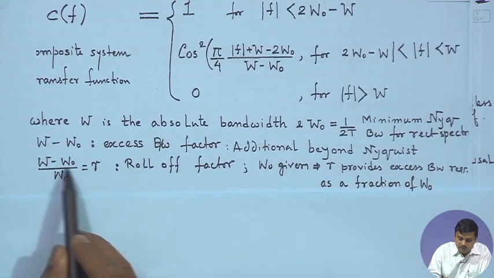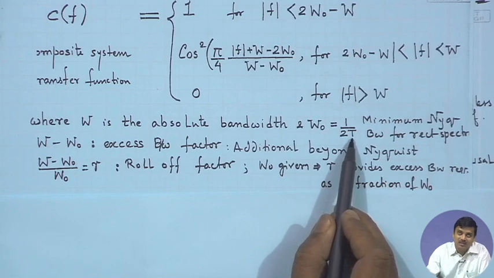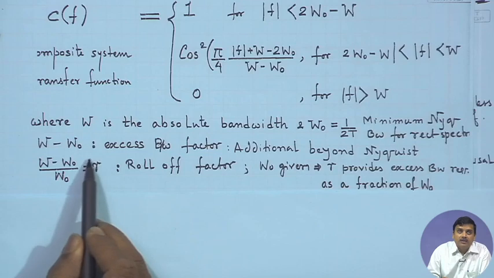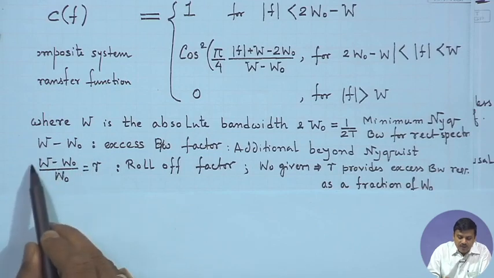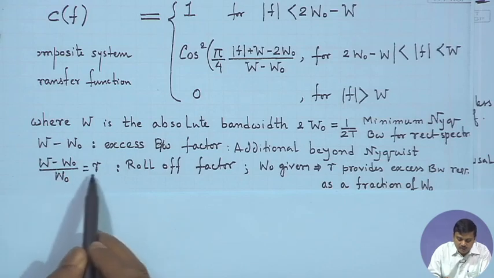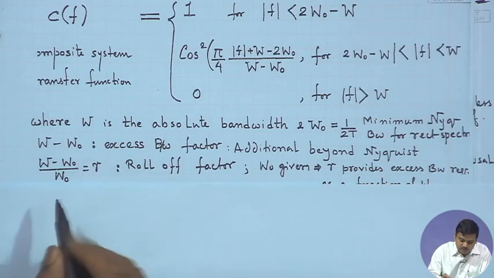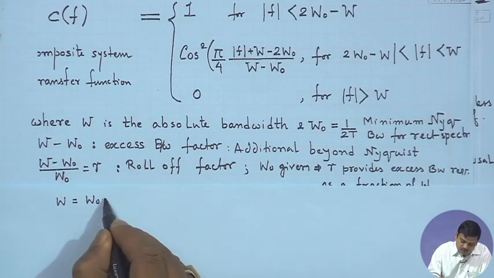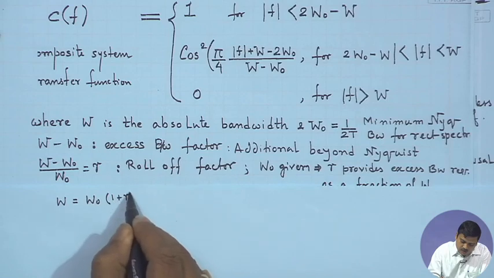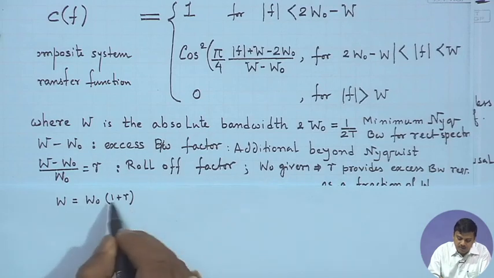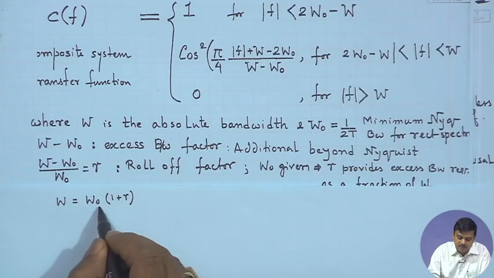If I give W 0, that means if t is given, the symbol duration is given, and R is given some fraction, then we can calculate what is the excess amount of bandwidth that is required. So, W minus W 0 is equal to R times W 0. So, from this you can see W is equal to W 0 into 1 plus R. So, R is greater than or equal to 0. So, that means W is greater than or equal to W 0.